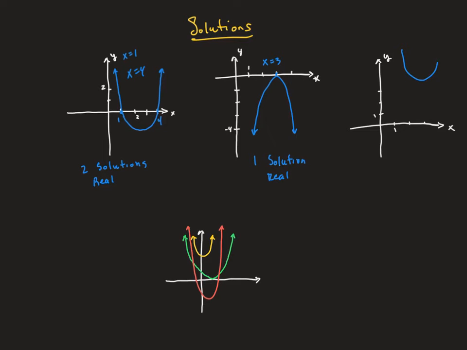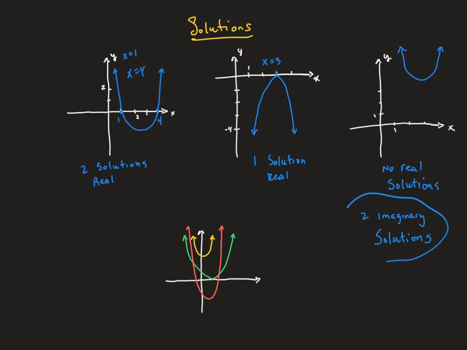And then here, if I have it up here, that is no real solutions, because it does not cross over the x-axis. That would be considered two imaginary solutions.